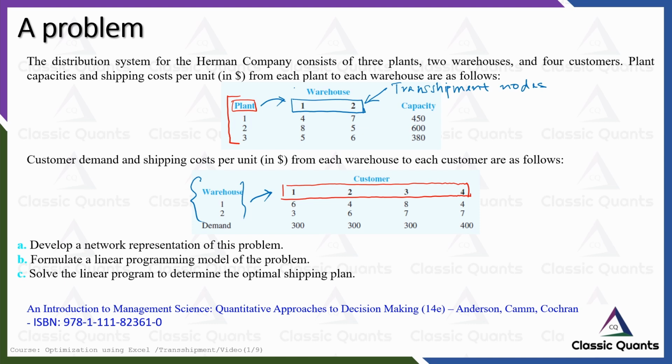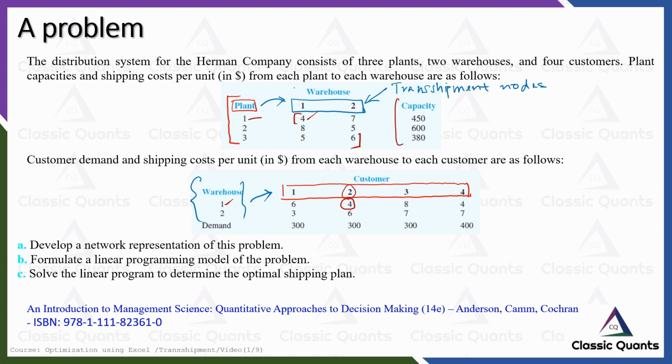And as usual, this information is the per unit cost. For example, moving one unit from plant 1 to warehouse 1 costs you $4. Similarly, moving one unit from warehouse 1 to customer 2 costs you $4, and like that.